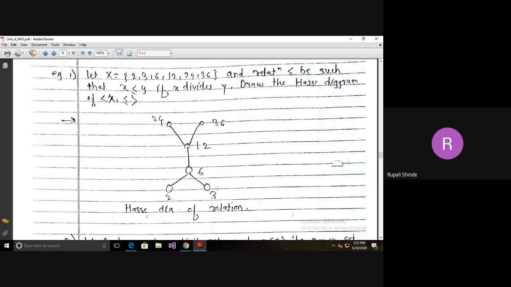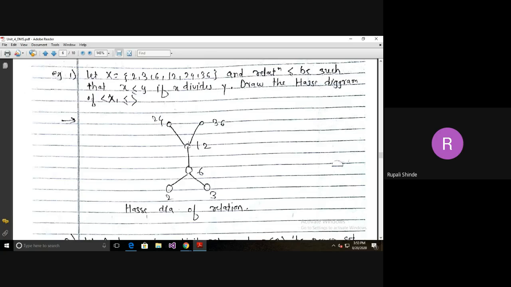That's why 2, 3 and then a direct line to 6. Now the next one is 12. So here 6 divides 12. Now if there is a line from 6 to 12, it is not required to give a line from 2 to 12.